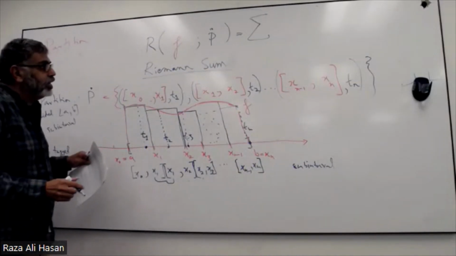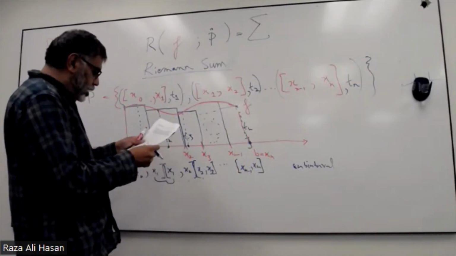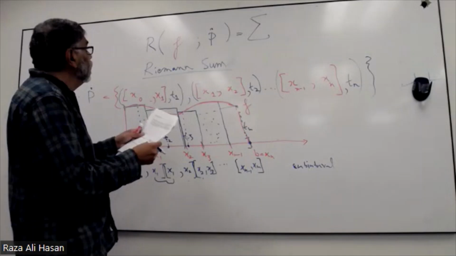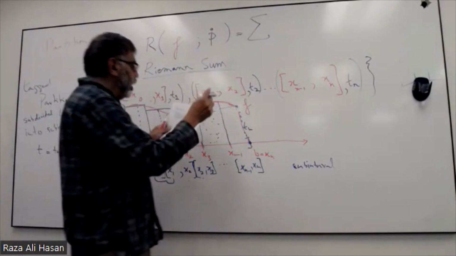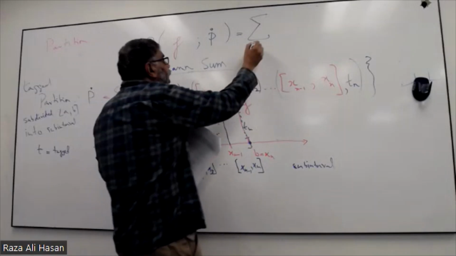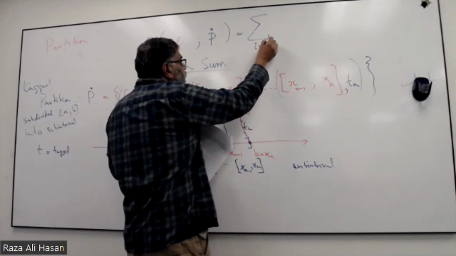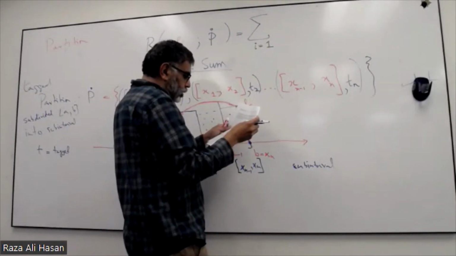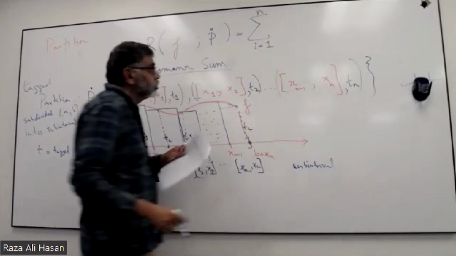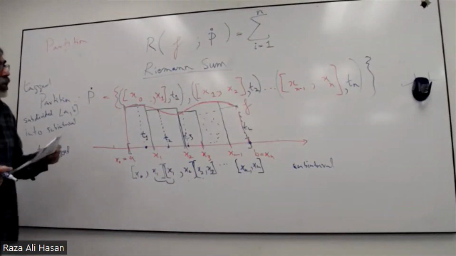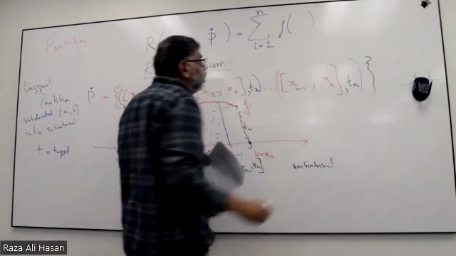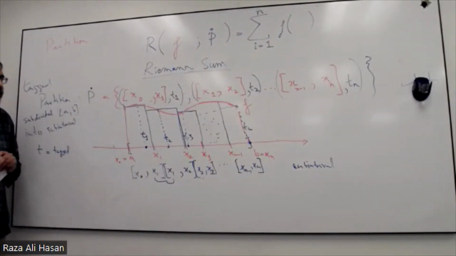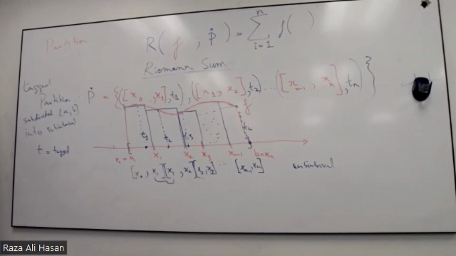So this is where it gets interesting. We have sigma, let's go from i equals 1 to n. And here's our height for each one of these rectangles. What goes into F?